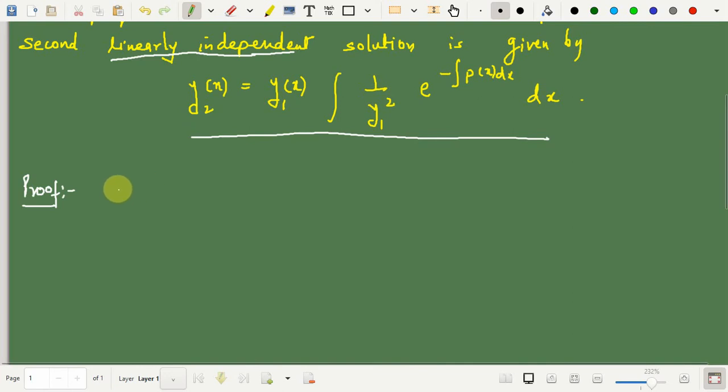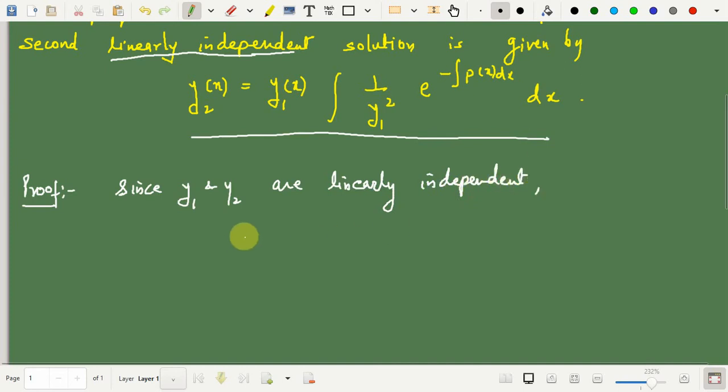So I would start by assuming both y1 and y2, as we want them to be linearly independent. Since these are linearly independent, y2 will never be a scalar times y1.